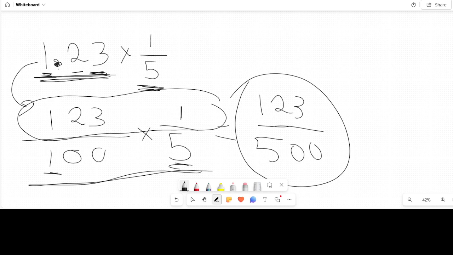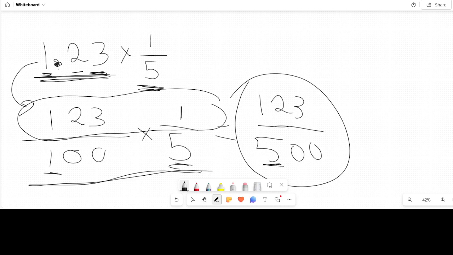Now, to rewrite this as a fraction, notice that 5 is a multiple of 10. So you could pretty easily convert your 500 into a base 10 number. You do this by doing some renaming. This is a skill that you've been working on for a very long time. I'm pretty sure you guys cover this skill in 3rd grade.